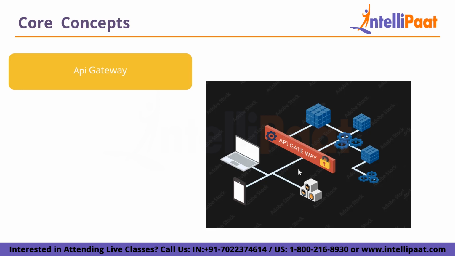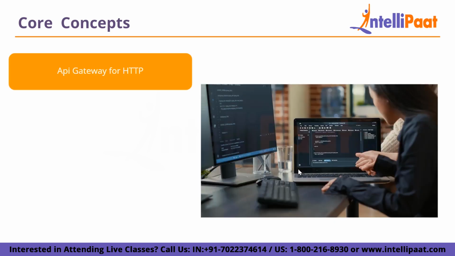Developing, deploying, and maintaining a WebSocket API for exposing AWS Lambda function or other AWS services, which you can also do. And also, you can use the front end HTTP and WebSocket endpoints to invoke and expose API methods.